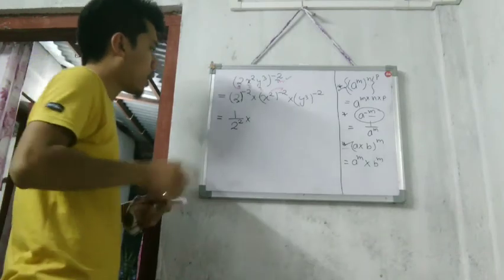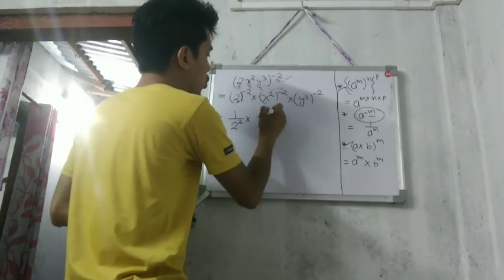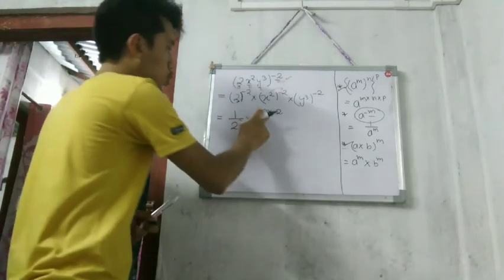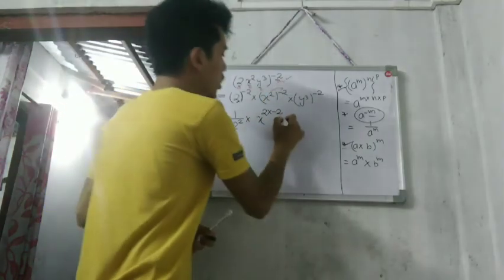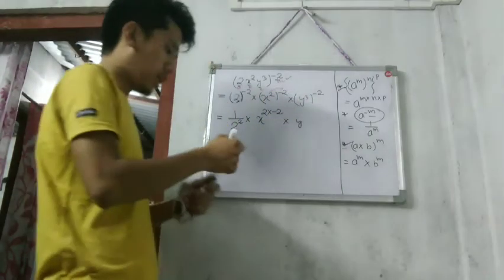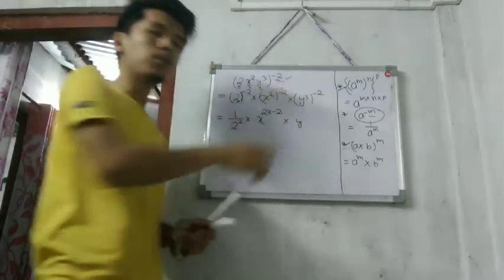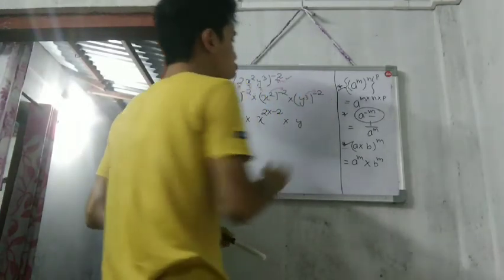So let's multiply now. x will be the same, and here it will be 2 into minus 2, because the powers are 2 and minus 2. These two will multiply. Same here also, as we have power 3 and minus 2, because we have y cube whole to the power minus 2. So here 3 and this minus 2 will multiply.